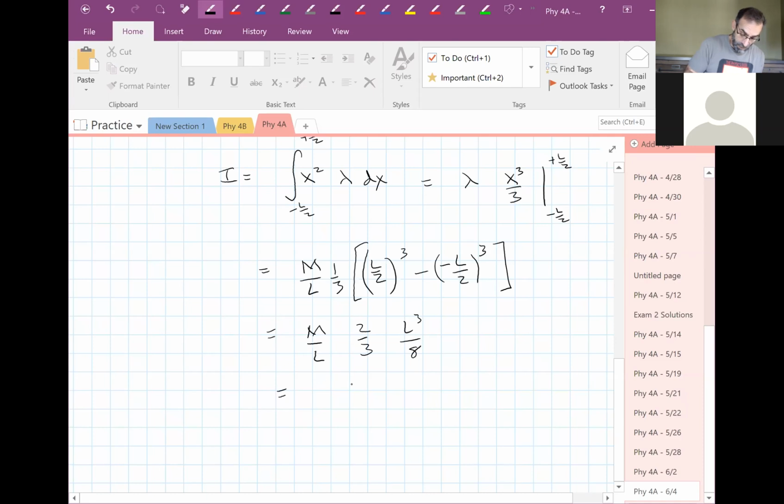And what do I get? I got (1/12) mL squared.